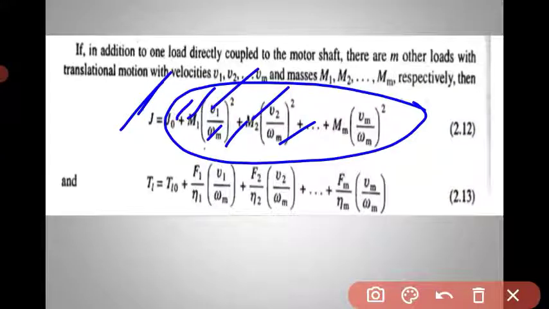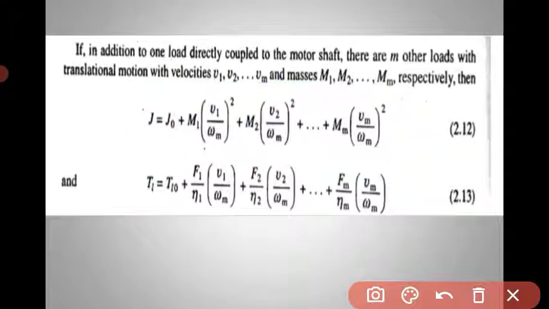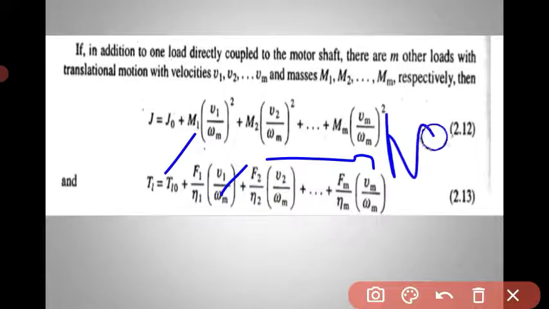Similarly, the load torque is obtained using T_L0 plus F1 divided by eta 1 times v1 by omega_m, extended to M loads: masses m1, m2 till capital M.